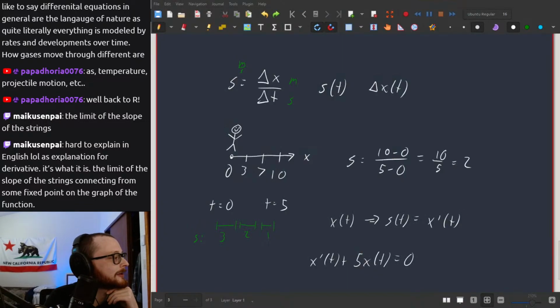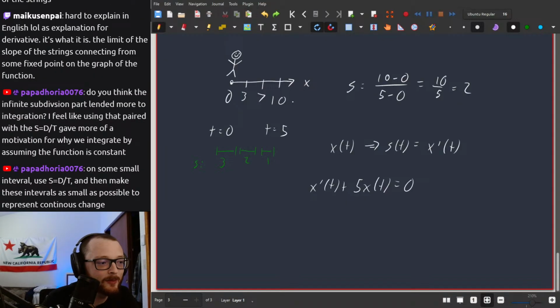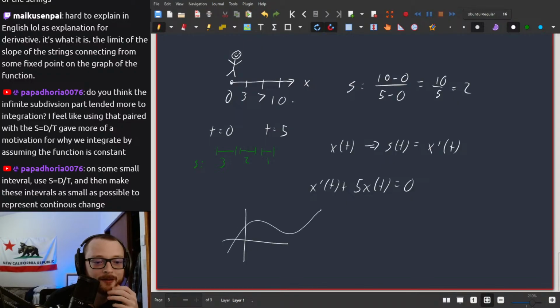Yeah, you're talking about the English term, secant. That's usually what I go with. It just didn't feel right in the moment, I guess. But yeah, if you have some function like that and you want the derivative here, you could talk about a line like that as a secant line.